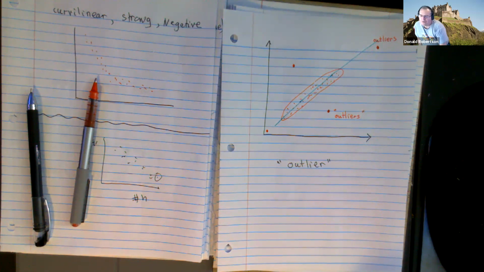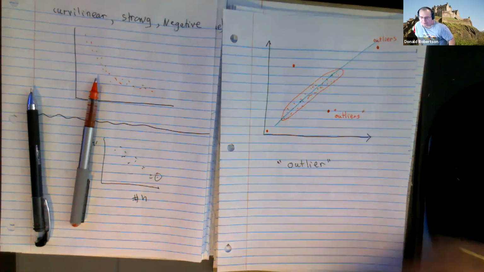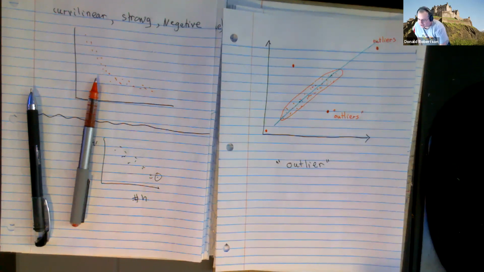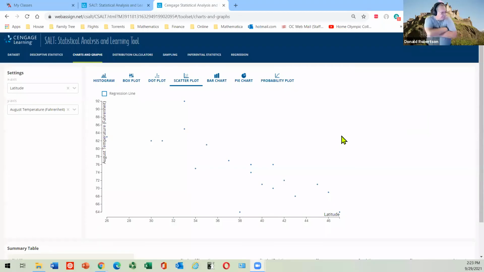So when you collect data made up of pairs like this, you're going to put it in a scatter plot, and then you're going to point at an outlier and say unclean, right? We don't like it.